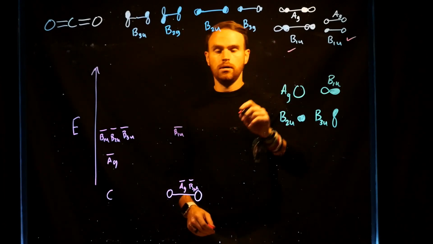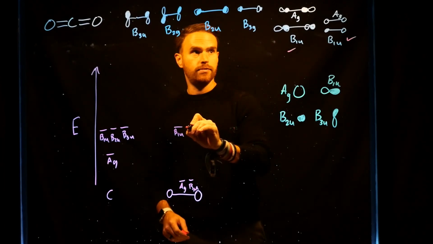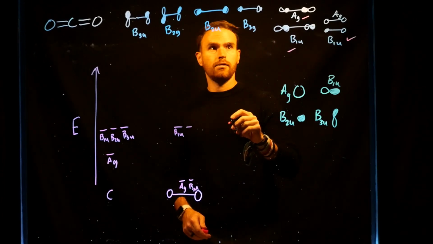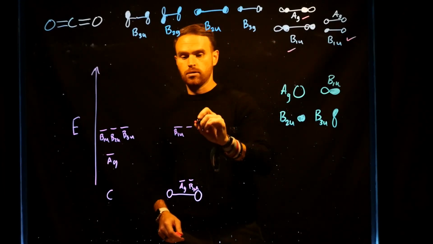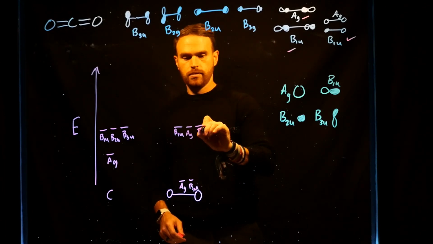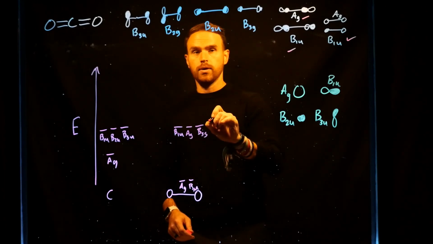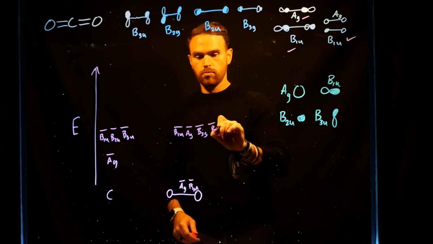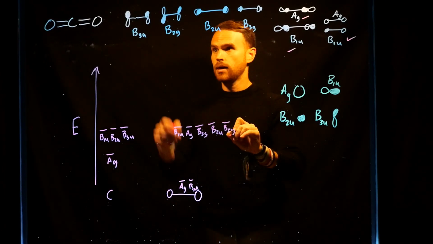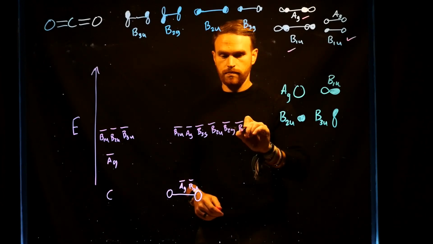this one here. We know also that we have the Ag orbital. That is right there. We have our B3G orbital. We have our B2U orbital, our B2G, and our B3U.